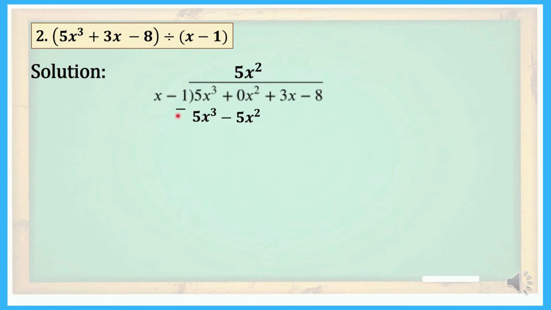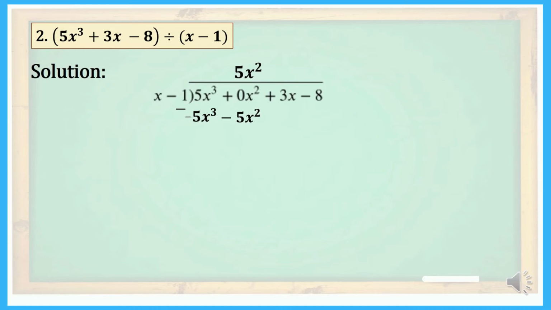Since it is subtraction, change the sign of our subtrahend. Our subtrahend, by the way, is 5x cubed minus 5x squared. This is our subtrahend. So change the sign of the subtrahend. Positive 5x cubed will become negative 5x cubed.